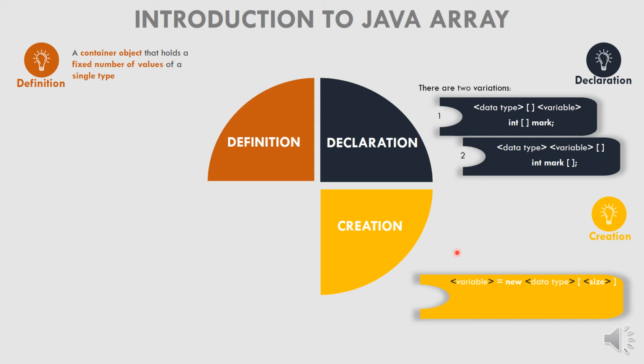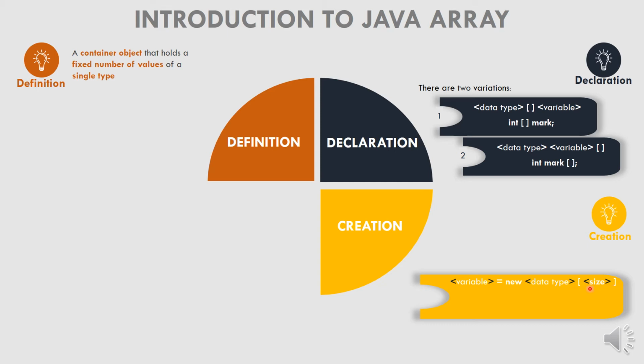the syntax. So the syntax tells us that it should begin with the array variable, which was declared in the previous subtopic. Just beside an assignment operator, which is an equal symbol, there is a new keyword or new operator followed by data type, and lastly followed by brackets.